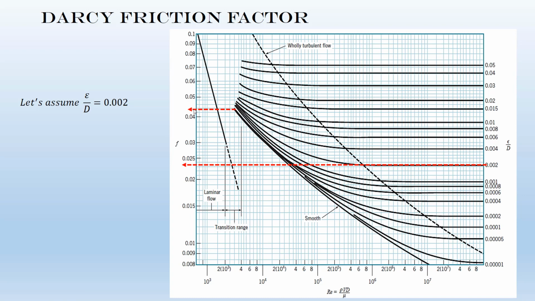So it's a good idea, guys, by having the epsilon over d, to pick a value in this range as the first initial guess.